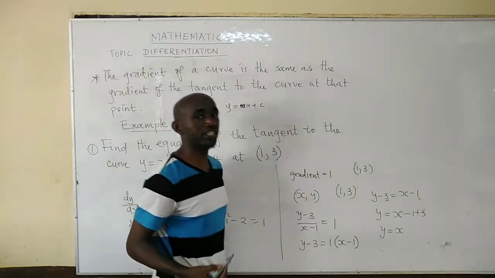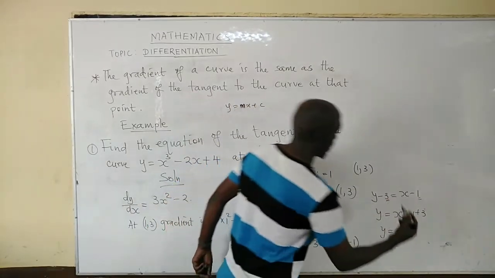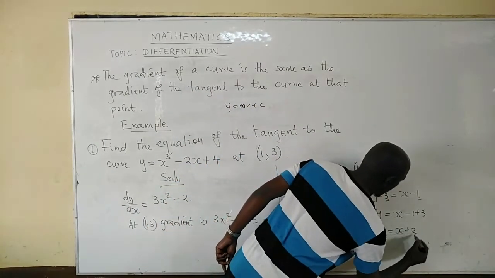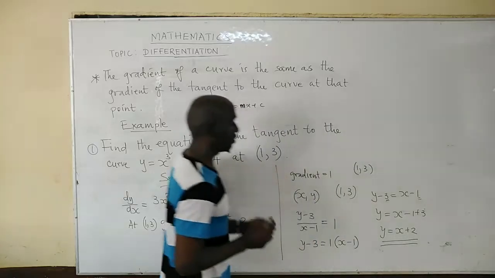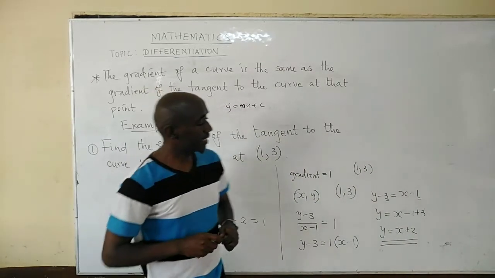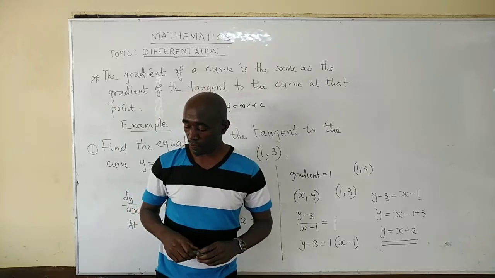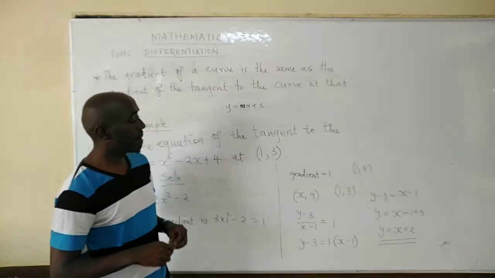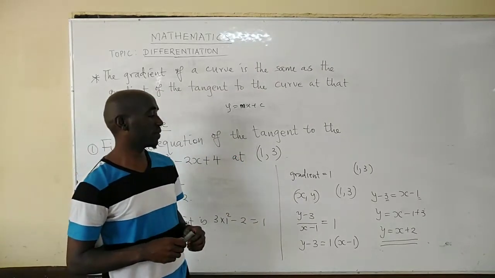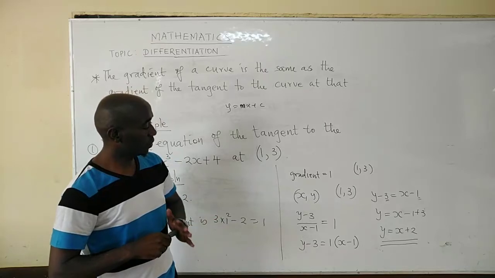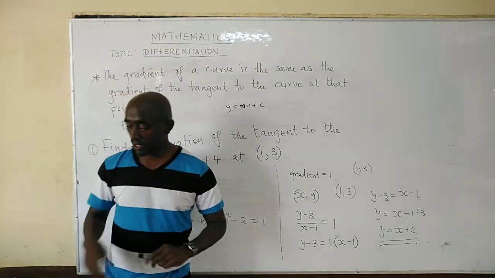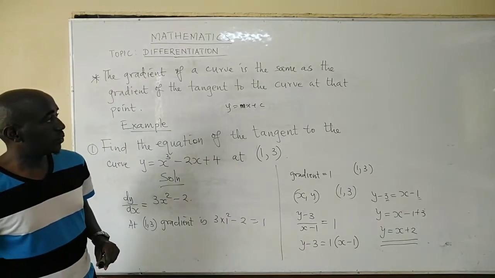I hope you remember your integers in Form 1. Minus 1 plus 3 is plus 2. So that is the equation of that tangent. y is equal to x plus 2.